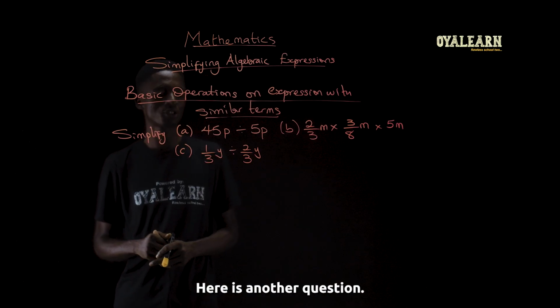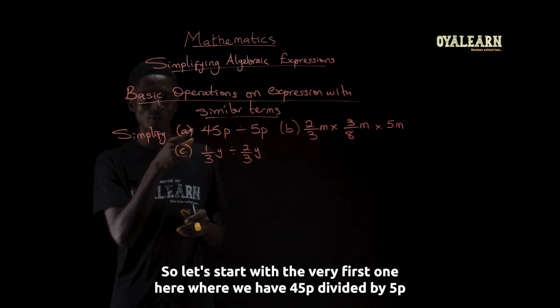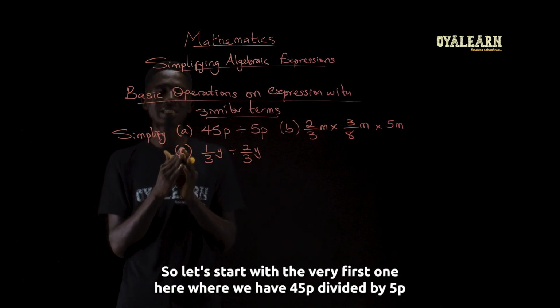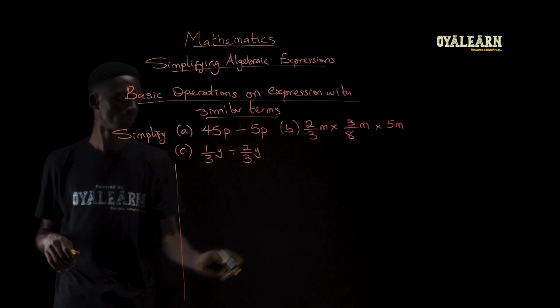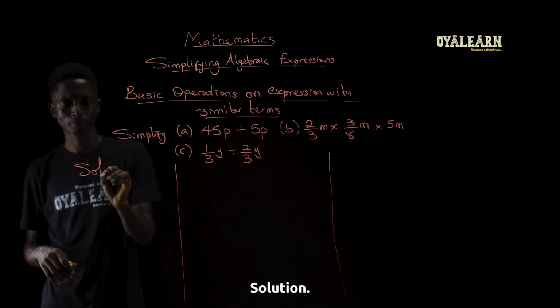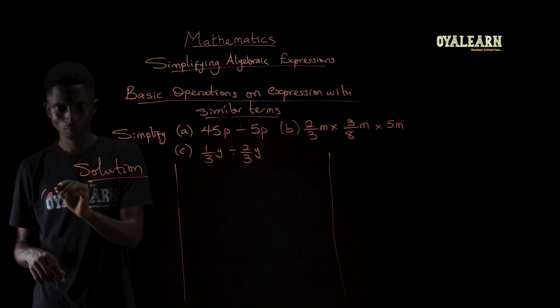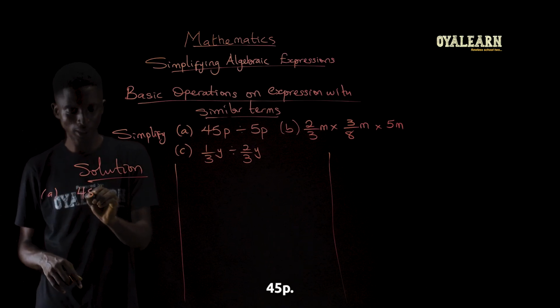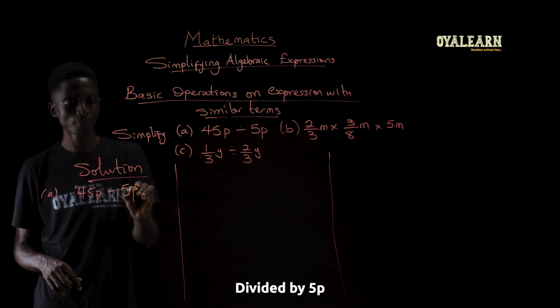Here is another question, and we're going to simplify them. So let's start with the very first one here, where we have 45p divided by 5p. Solution. 45p divided by 5p.